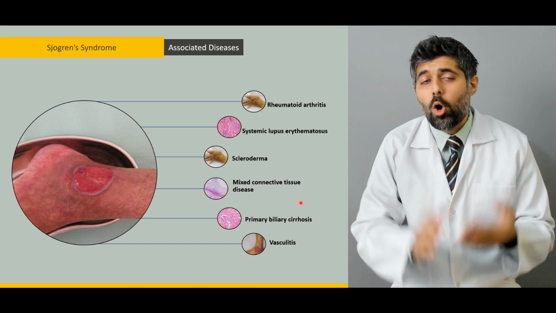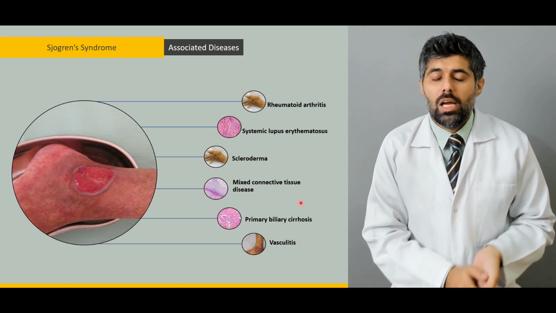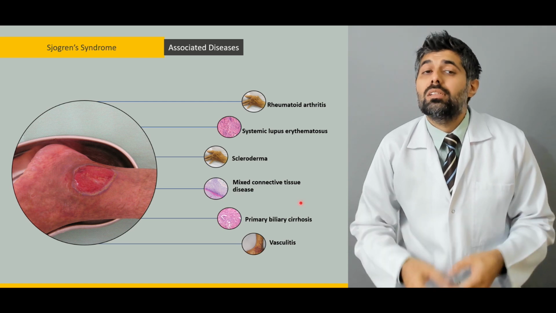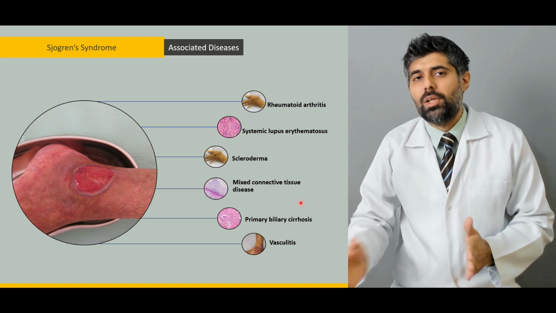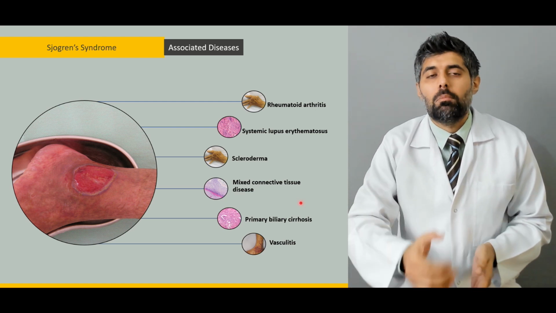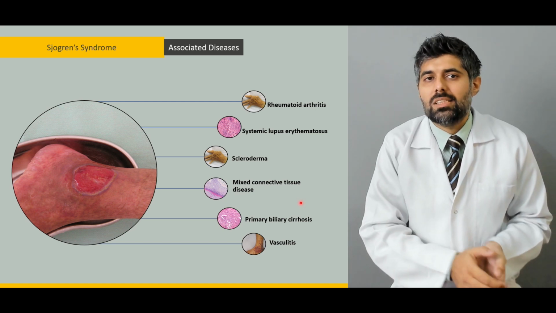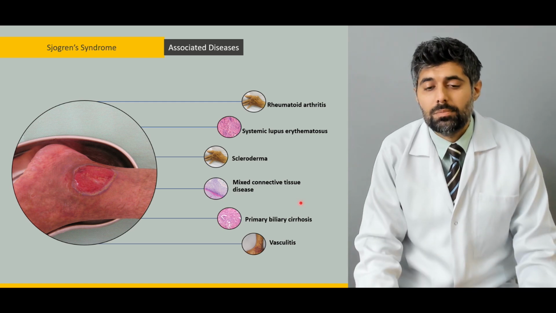As you can see, all of these are autoimmune disorders. And these autoimmune disorders share the same pathophysiology, only the type of antibody that is produced varies among them. So, Sjogren syndrome is more than 30% found with other disorders.